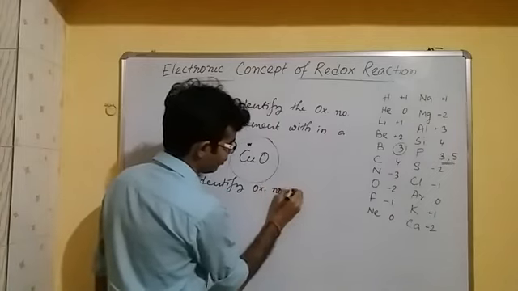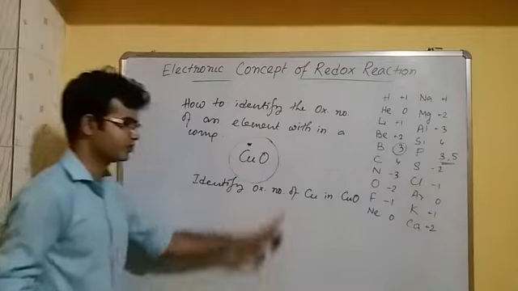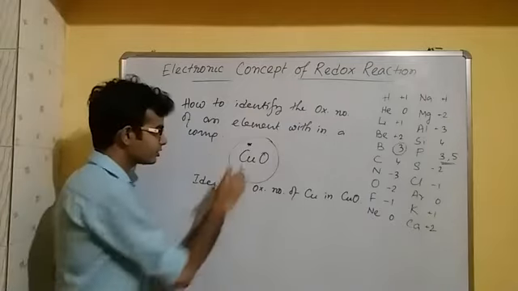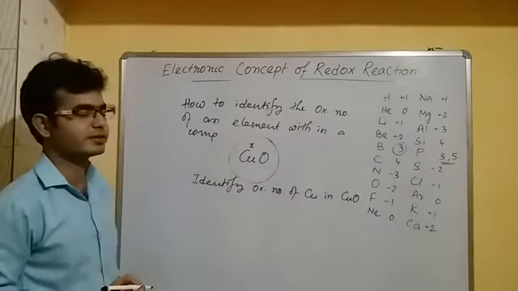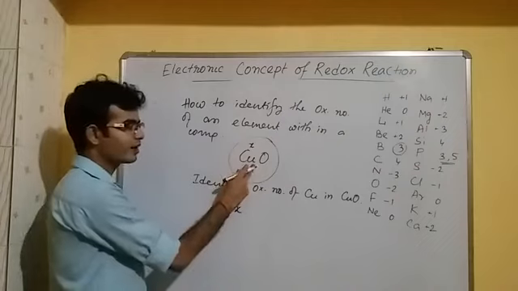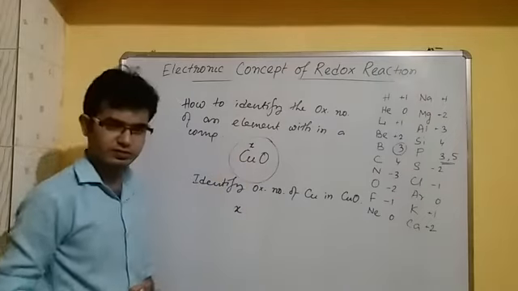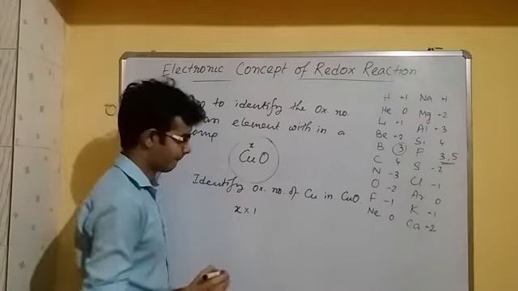Suppose the oxidation number of copper is not known. The question is: find the oxidation number of copper in CuO. So how will you solve it? Suppose the oxidation number of copper is X. The number of copper atoms within this compound is 1, so multiply X by 1.